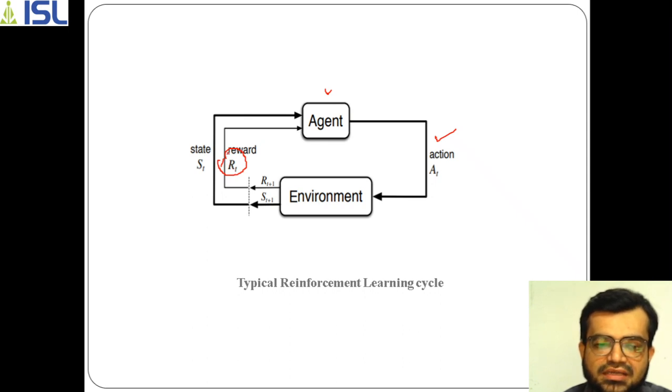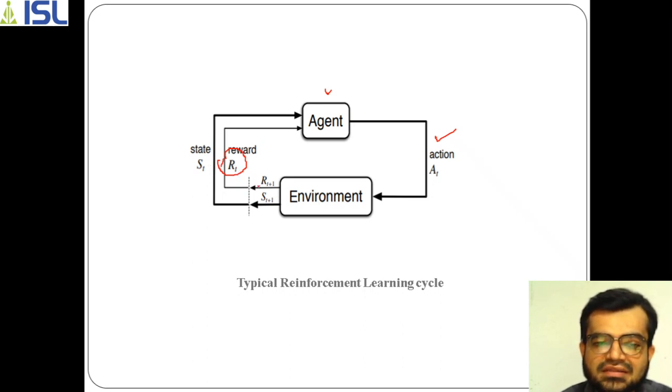Initially, for the first state, when it moves from one state to another state, that is, st is one state and it moves to the next state, st plus 1, as soon as it moves to the next state, one reward will be awarded.